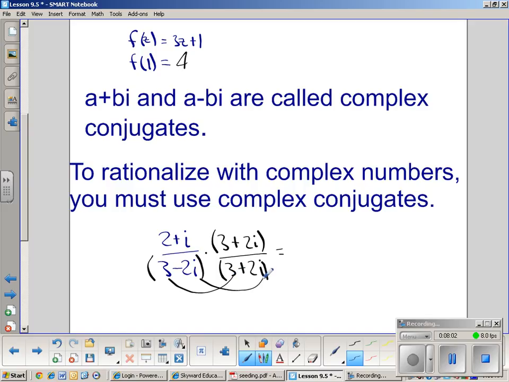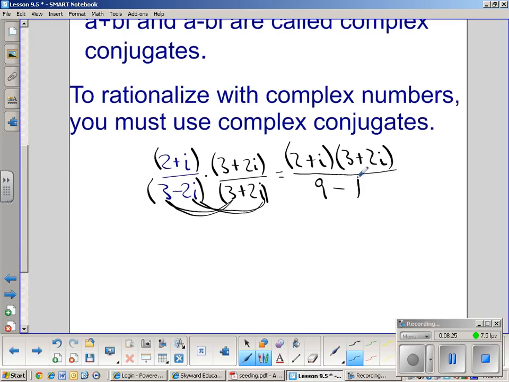Okay? So on top, I have to FOIL the whole thing. I'm going to pause on that for a moment and do the bottom. What's 3 times 3? 9. Minus, what's 2i times 2i? 4i squared. What did we say i squared was?